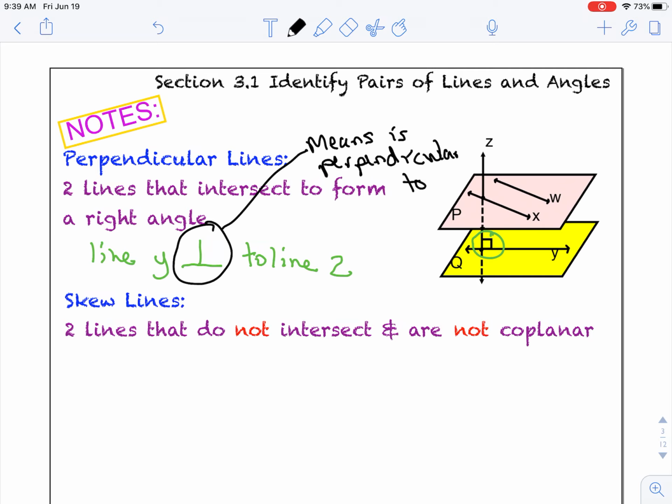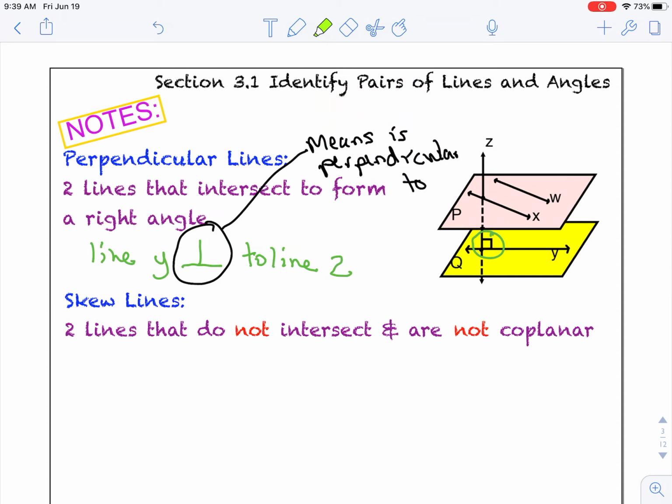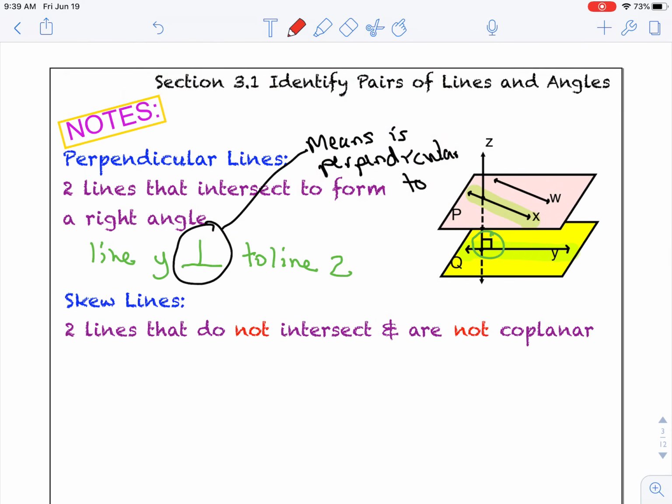Skew lines, on the other hand, are two lines that do not intersect and are not in the same plane. So our skew lines here could be line X and line Y, because even though they're not going to intersect, they are in different planes and they are not necessarily the same distance apart.